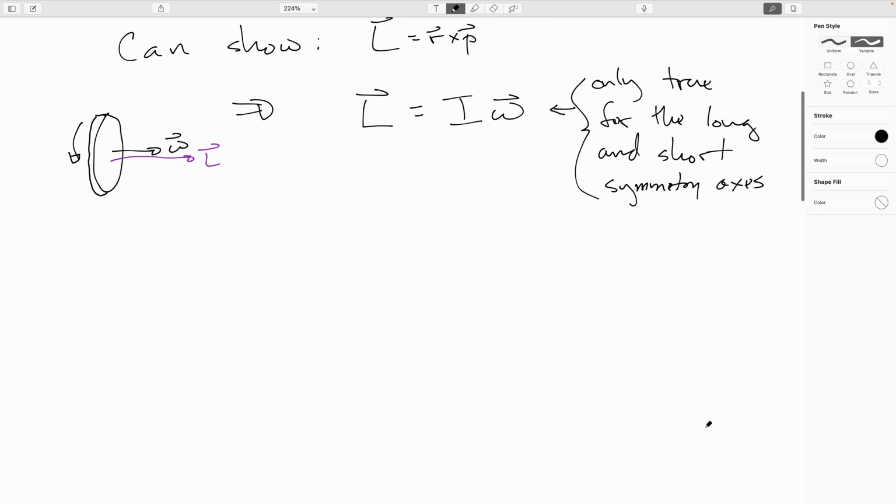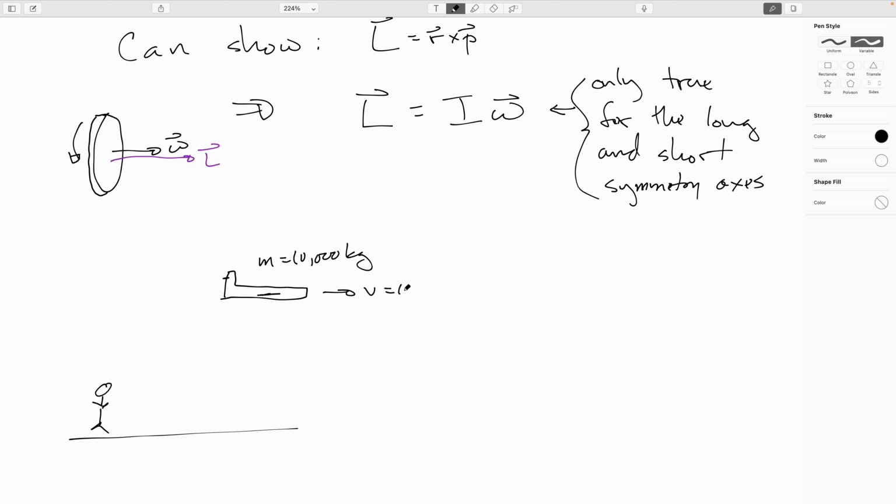So just to get a little more practice on this, let's go ahead and find the angular momentum of an airplane that's flying overhead of you. So here's me, and here's an airplane, like so. Let's say the mass of the airplane is 10,000 kilograms, and it's going at 100 meters per second.